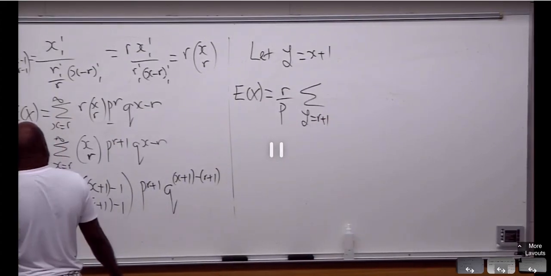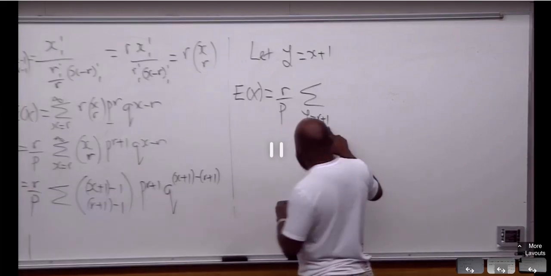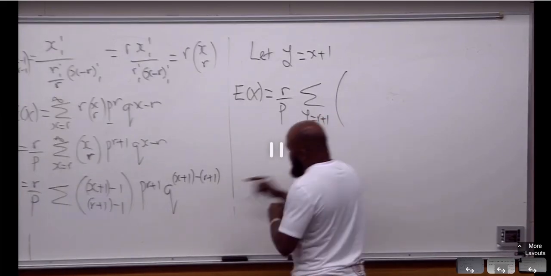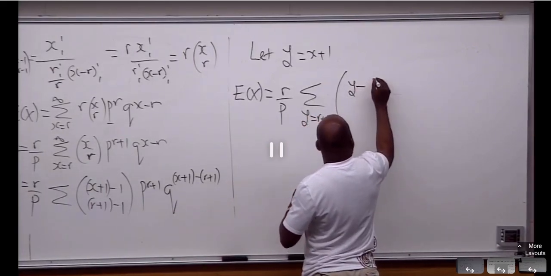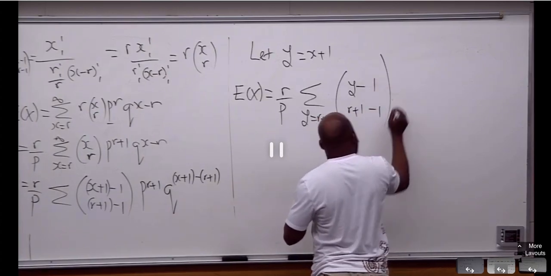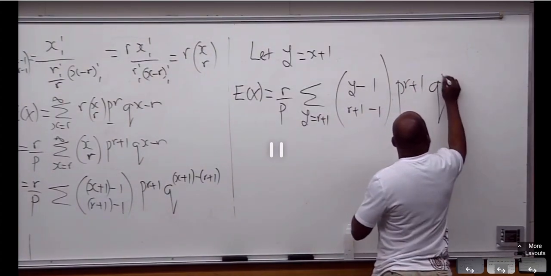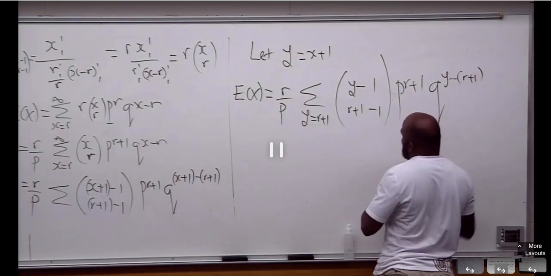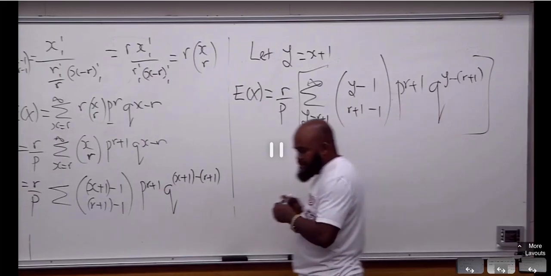Right now, y is going to start from this. Then I'm going to have (y minus 1 choose r plus 1 minus 1), p raised to power this, and q raised to power this. Now, if you take a look at this, this is another negative binomial.